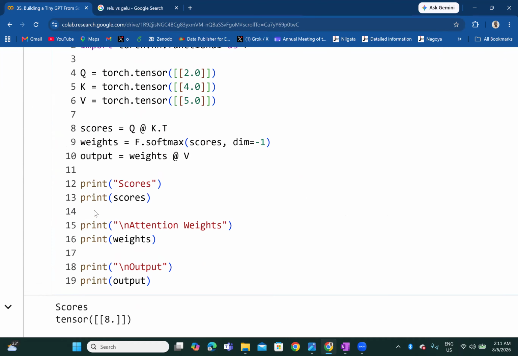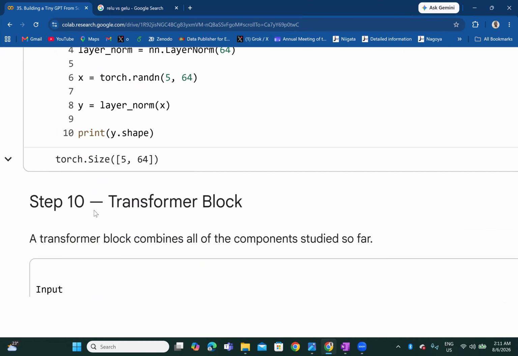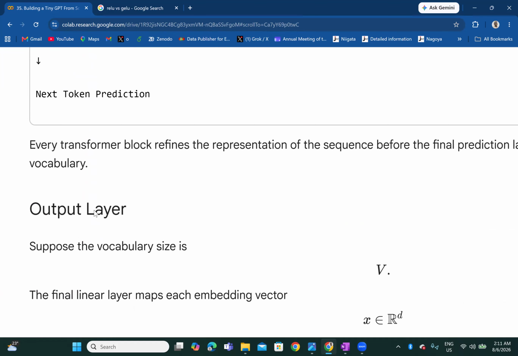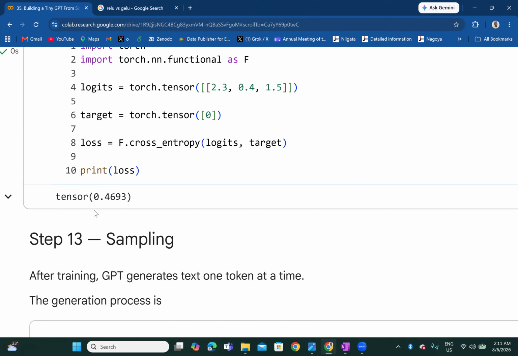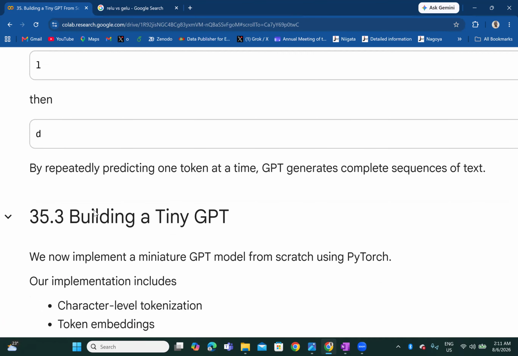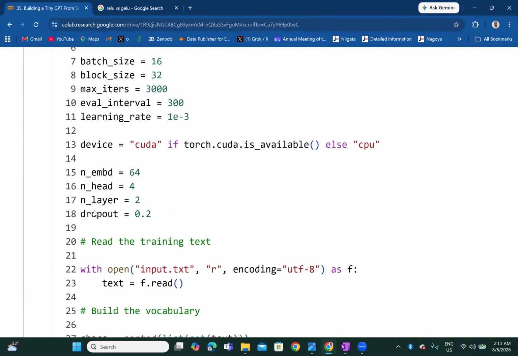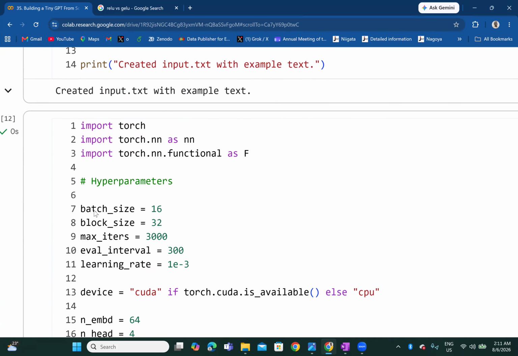That text that was looking like poetry. Yeah, this text right here, which was created here. Oh, wonder how many goodly creatures are there? So there's nothing like once upon a time in that, by the way.